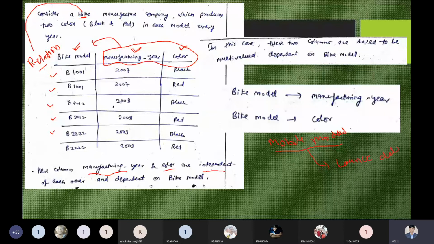This could be another attribute. And if we're talking about color, it can have various colors, like green, sky blue or black. So the important point is that these are two different attributes which depend on the model.